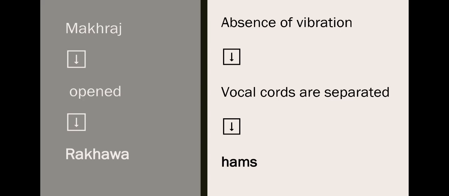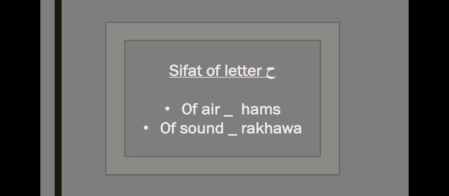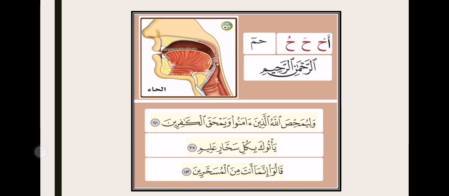But the hams and the rakhawa are both weak sifas. So for the ha, we got two weak sifas. For the letter ain, it is jahr and tawassut, so one strong sifa and one moderate sifa. Understood? So what are the sifat? Of the air, it is hams, and of the sound, it is rakhawa.